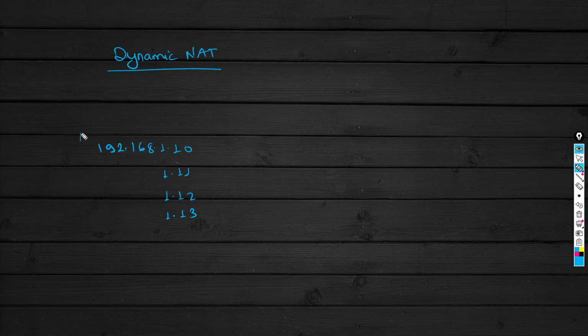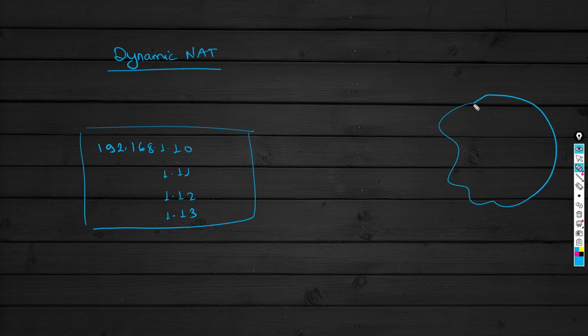Now if they want to go to the internet, they need a public IP address. I didn't have a lot of money, so I thought, let's take two IP addresses. I took two IP addresses from a governing body which provides IP addresses, 20.20.20.21 and 20.20.20.22, for simplicity, so that I can use the four devices.